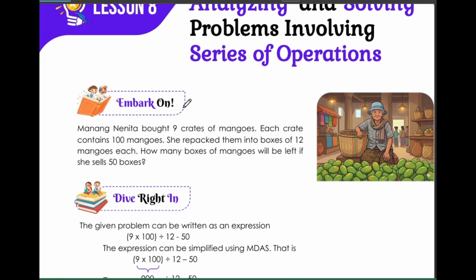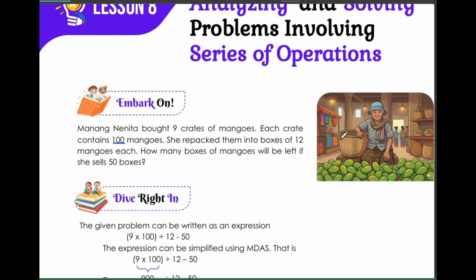So let us analyze the problem. When you say 9 crates of mangoes, that is 9 boxes or lalagyanan, and each of those will have 100 mangoes. So we're going to multiply 9 by 100 because each crate contains 100 mangoes.